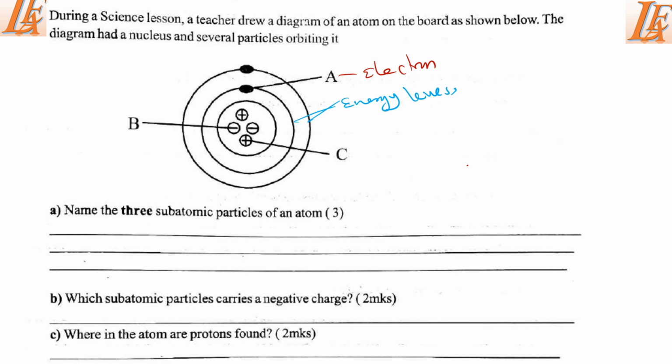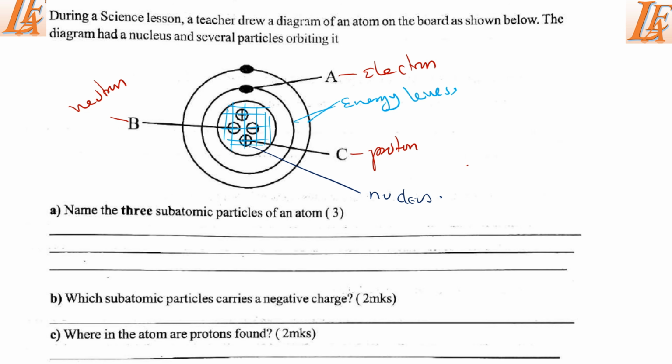Then B is a neutron because it's found in the nucleus. Then C is a proton because you can see it has been given a simple positive charge. The inner part, where we have protons and neutrons, is what we call a nucleus.